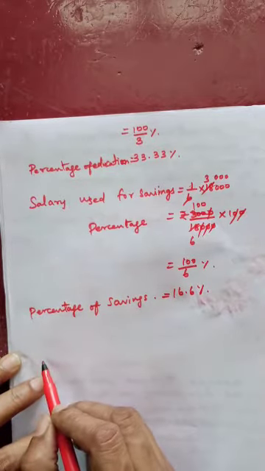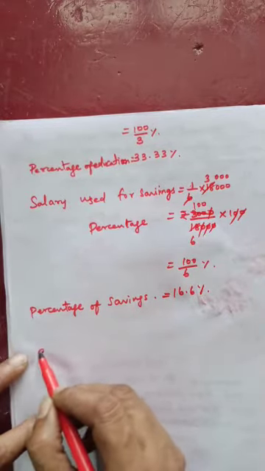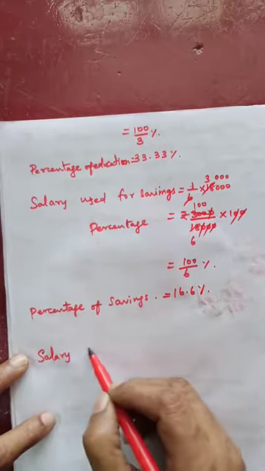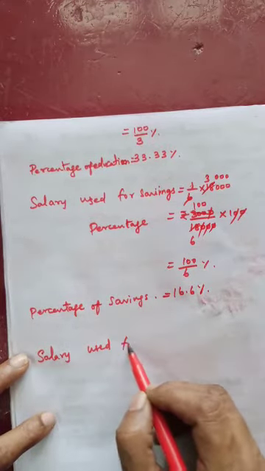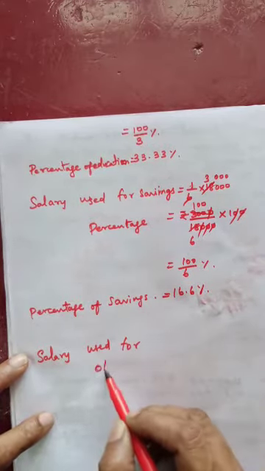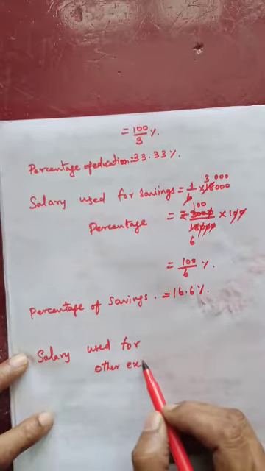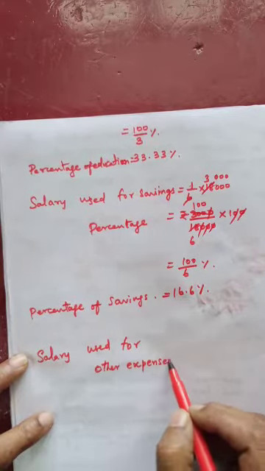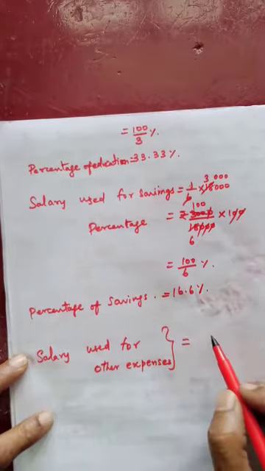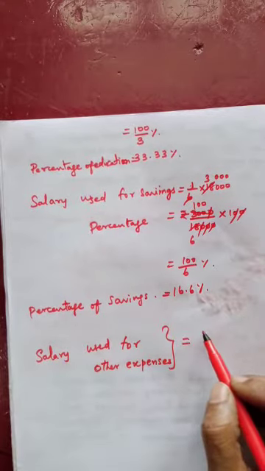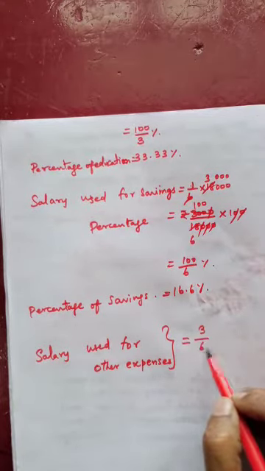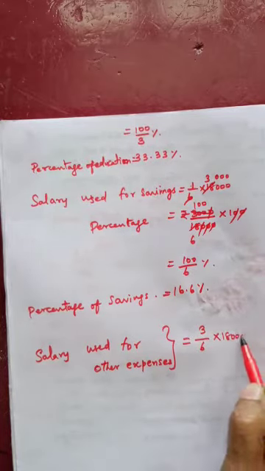Then we shall see the other expenses. Salary used for other expenses is equal to 3 by 6 into 18,000.